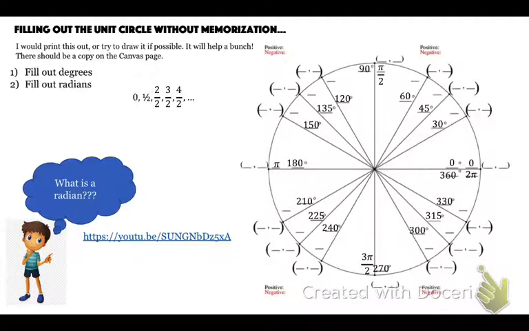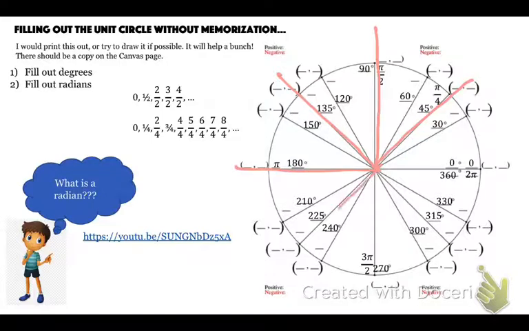Okay, then let's do the 45. Half of a half is a fourth. And if we add a fourth, you have 0, 1/4, 2/4, 3/4, 4/4, 5/4, 6/4, 7/4, 8/4, and so on. So here's 1/4, this would be 2/4, 3/4, 4/4, 5/4, 6/4, 7/4, and 8/4.